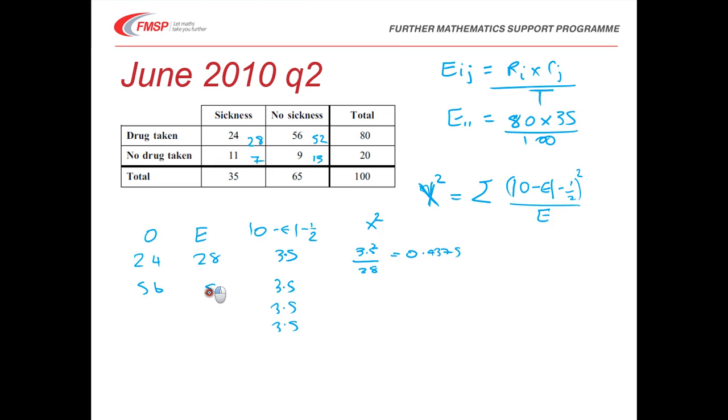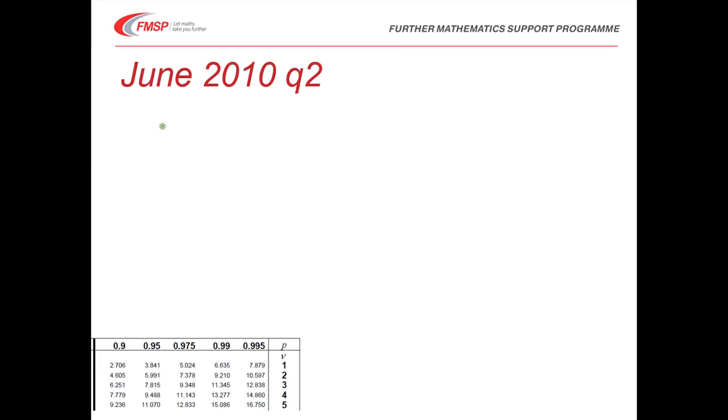So 56, 52, 11, 7, 9, 13, and your other values are 0.2356, 1.75, and 0.9423. So what we have is your test statistic chi-squared being 3.3654. Okay, so let's write that down again. So your test statistic was 3.3654.